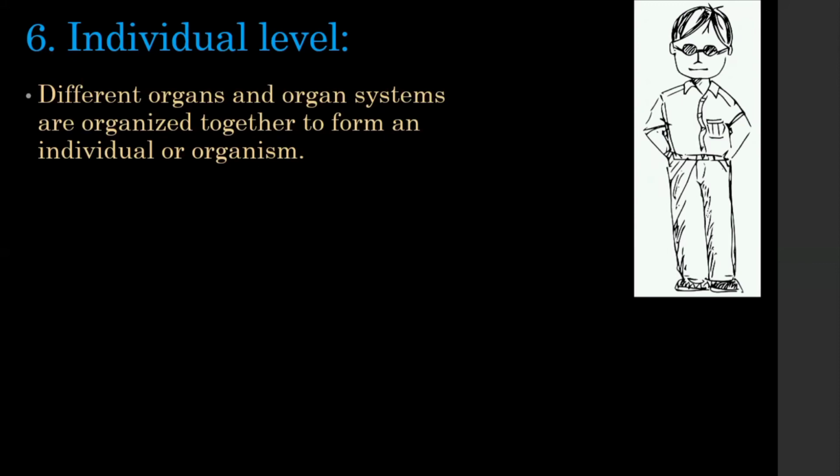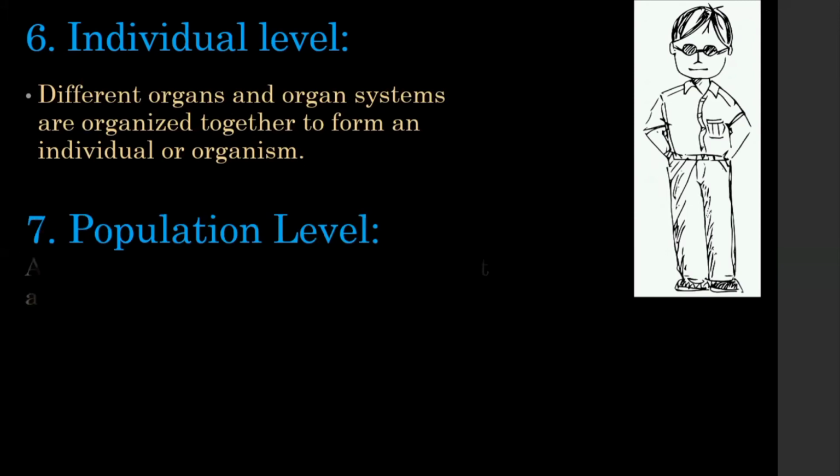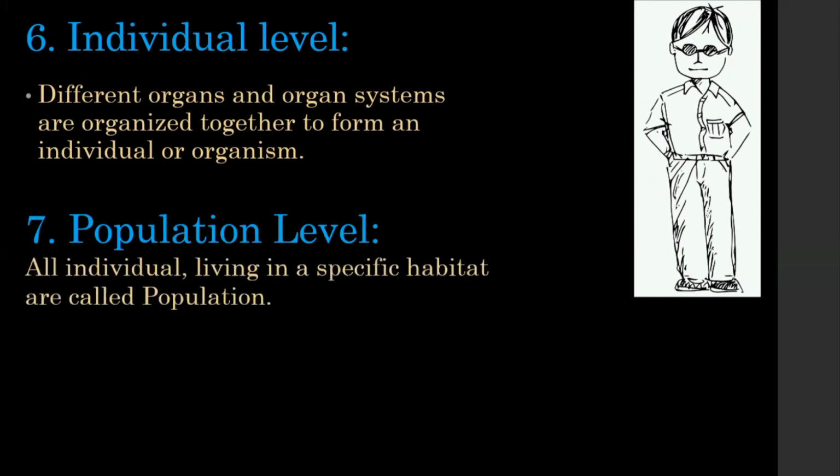Okay. Now, the seventh level of organization is the population level. Biologists extend their studies to the population level, where they study interactions among members of the same species living in the same habitat.